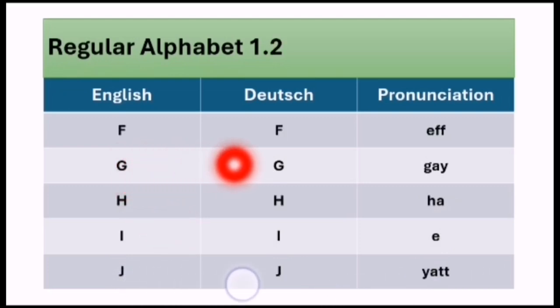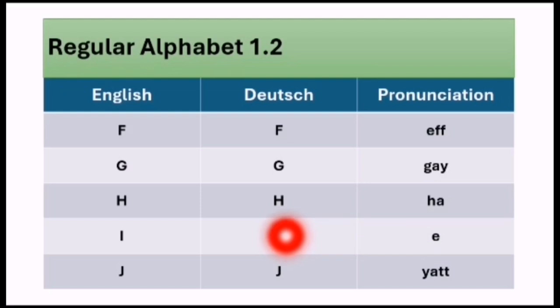F, F. The pronunciation and writing both are the same as in English. G, we pronounce it gay. This is not gee, this is gay. H, ha.